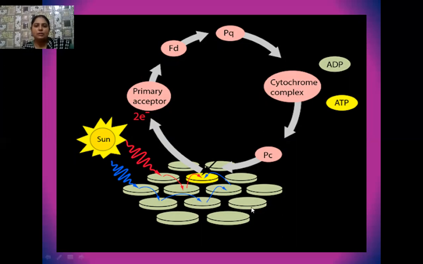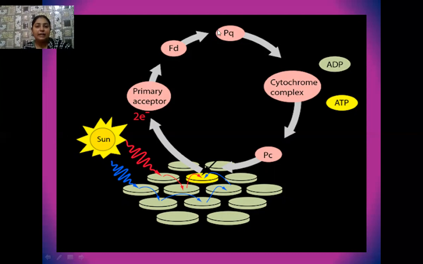This is photosystem 1, that is P700, containing so many electrons. When sunlight corresponding to 700 nanometer reaches these photosystems, the light harvesting complexes, the electrons present in them get excited and come in contact with various types of electron acceptors. These may be ferredoxin, plastoquinone, cytochrome complexes, then plastocyanin.